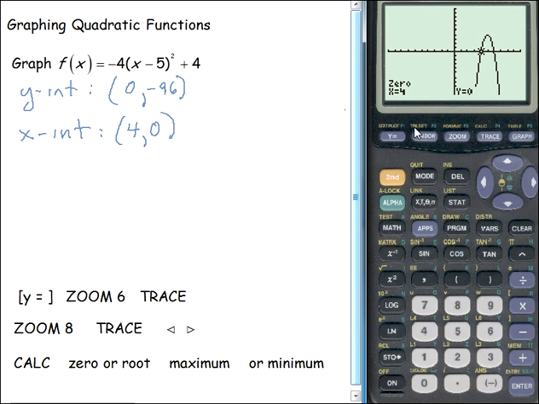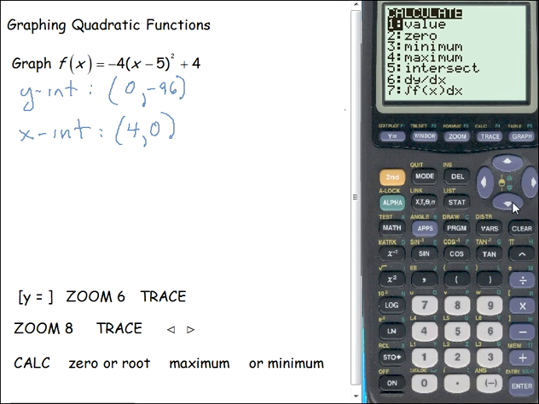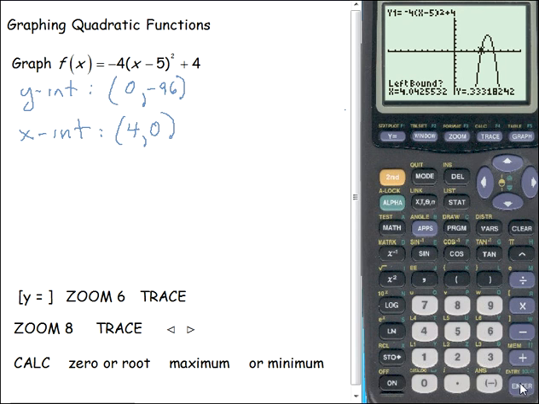And then you can do this again to get the other intercept: second calc, and go down to zero and hit enter, and then go to the left of the other one. I don't want to be right on this thing, so I'm going for the left bound. We want to put a left point and a right point relative to that intercept.